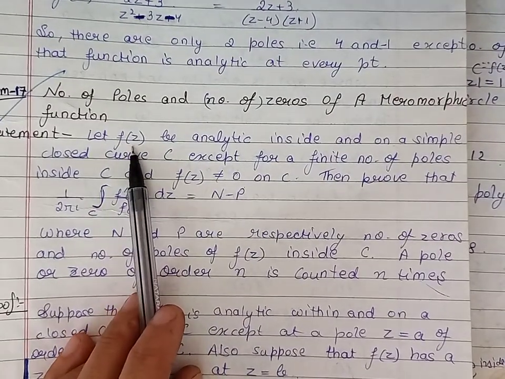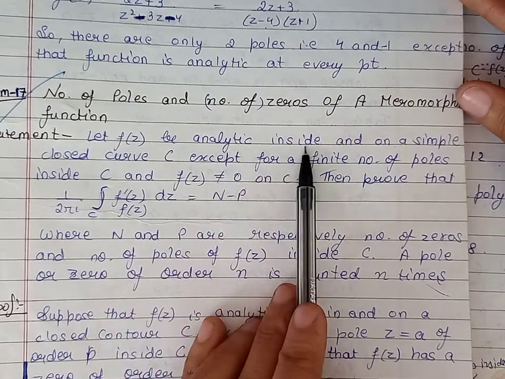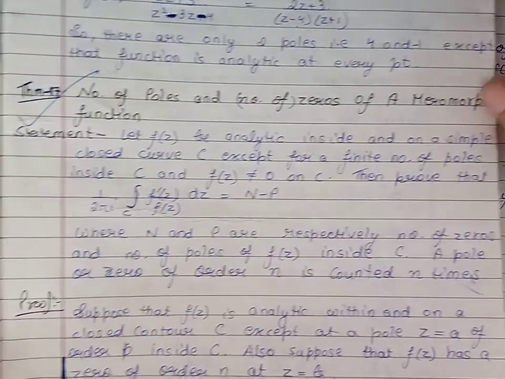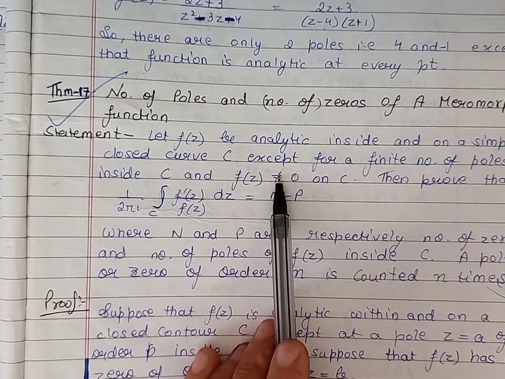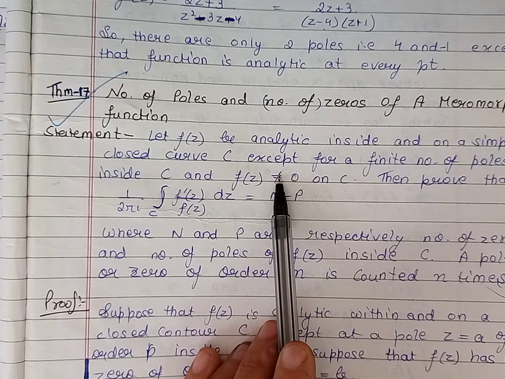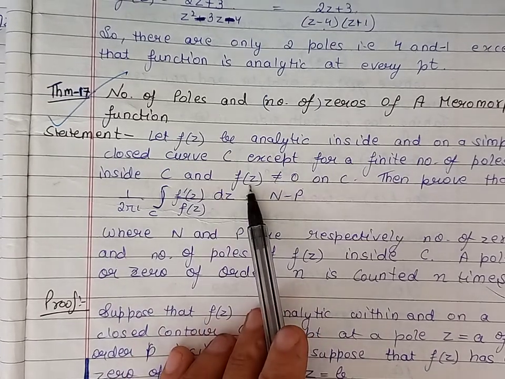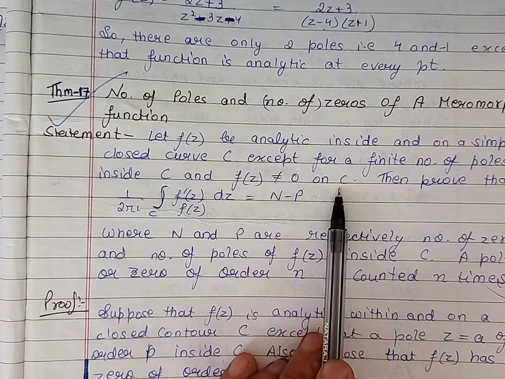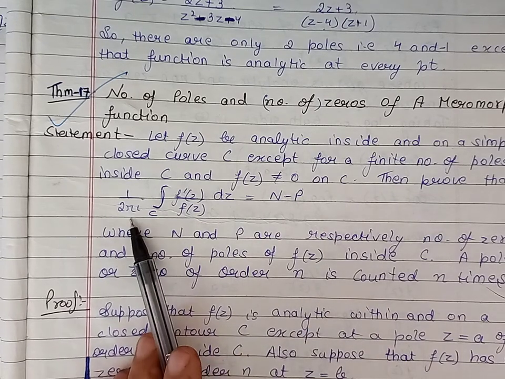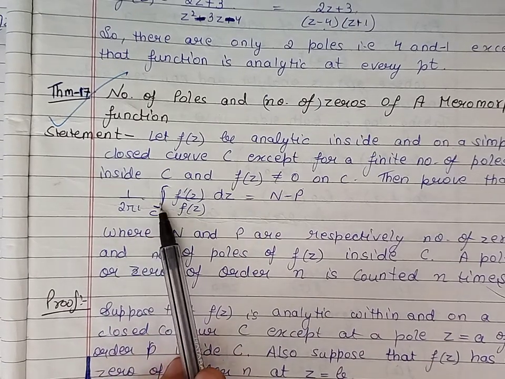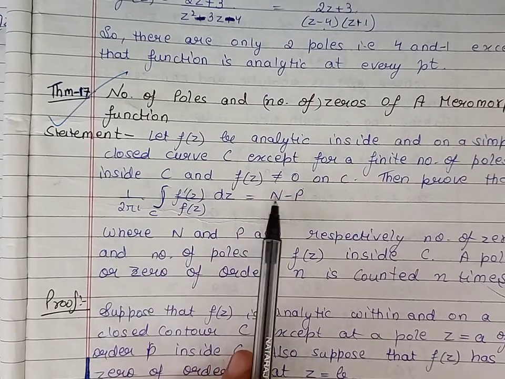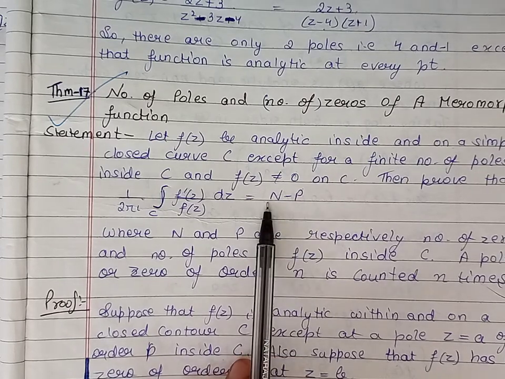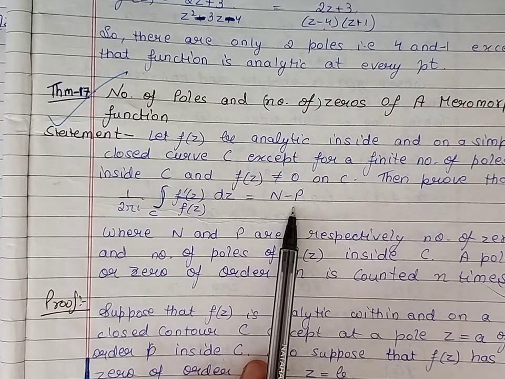Let us take a function f which is analytic inside and on a simple closed contour C, except for a finite number of poles inside C, and this function is non-zero on C. Then we claim that 1 upon 2 pi i integral of f dash upon f over this closed curve C is equal to n minus p. Here n is the number of zeros and p is the number of poles of the function inside the closed curve C.